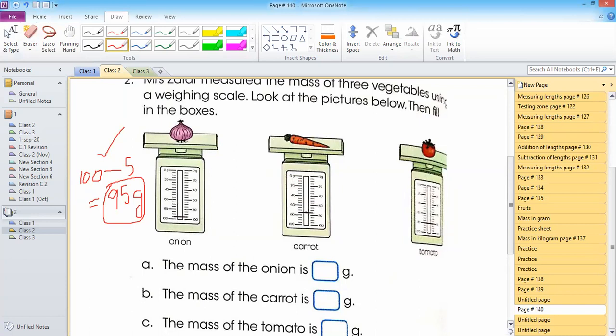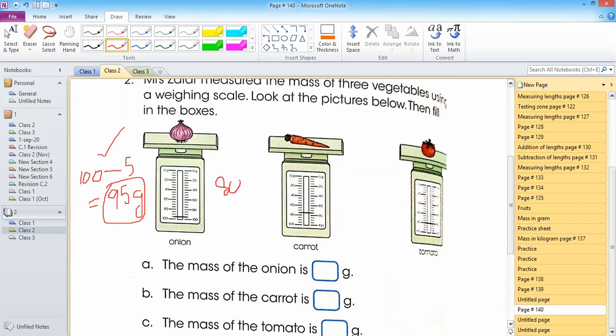Check the point, check the needle. This is the needle, okay? It is at one interval, one line back from 80. You know that one interval is equal to 5 gram.